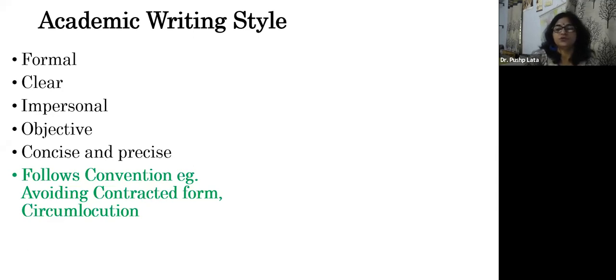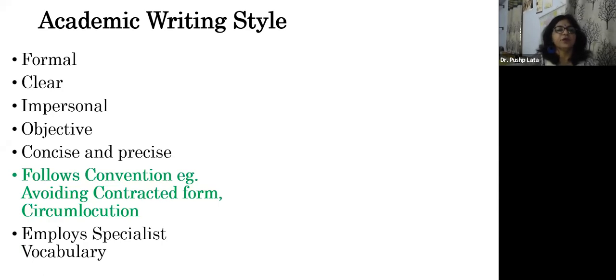Circumlocutions also we should avoid at all cost. Your academic writing should employ specialist vocabulary. Every domain has its own set of technical words to be used. For example, ELT has its own set of words. Others will not use accuracy, fluency, and spontaneity the way ELTians use them. Others will not use the way we talk about assessment, validation, reliability, and transparency.